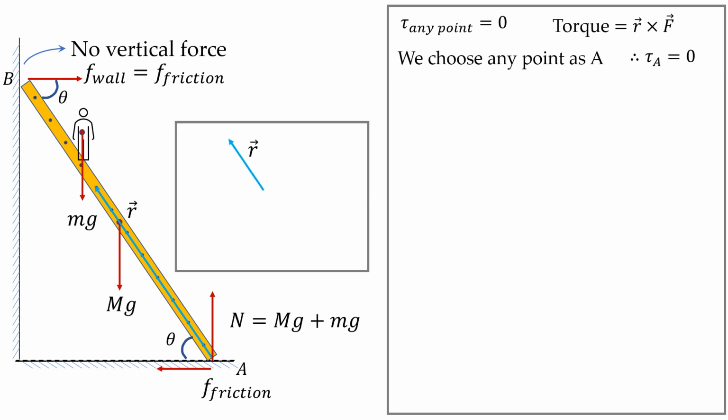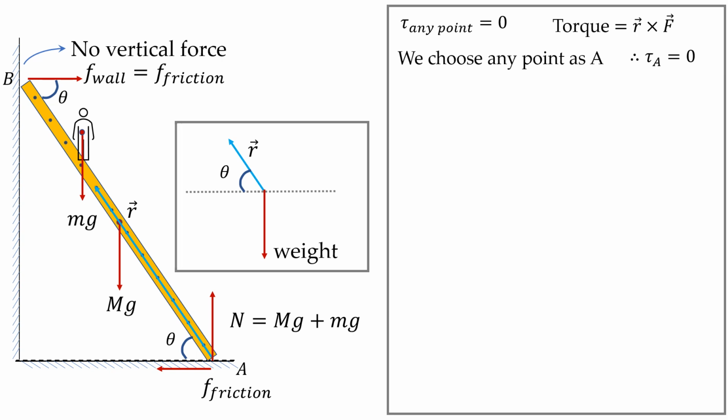We draw the position vector and check if it is parallel to the original position vector. Yes, it is. We draw the horizontal and the angle happens to be the same. Now we check the force from the ladder as well as the person.